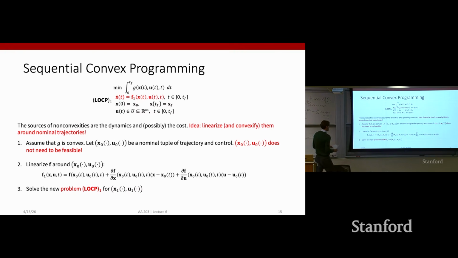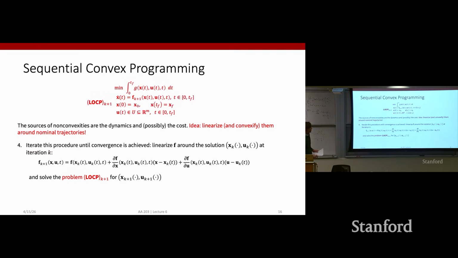What we would do now is solve this new problem and get a new candidate nominal trajectory, x1, u1, where again the indices represent iteration steps. We would then just repeat this process, re-linearizing our dynamics around this updated nominal trajectory, solving the convex problem, and iterating until we, for example, stop improving our solution.